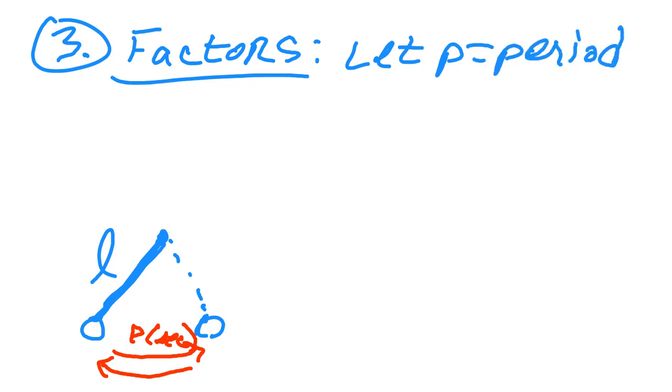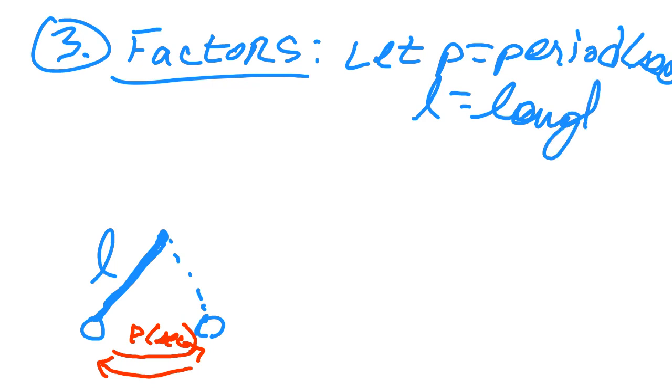I kind of labeled it on my picture already. And then L is going to be the length, and it's in feet. Sorry, I thought it was inches, but it was feet. All right, so those are the factors, and then we need to come up with constraints.